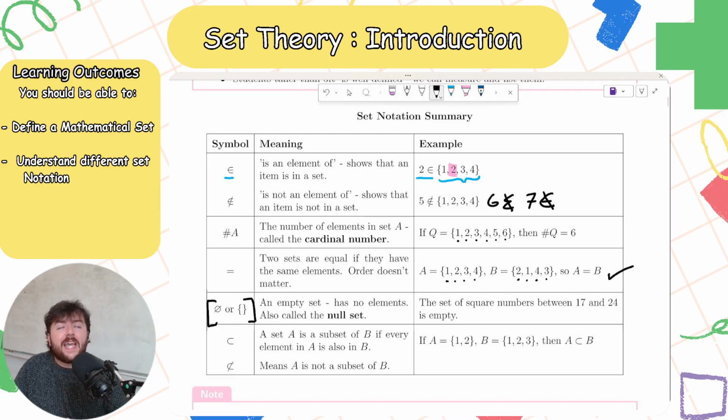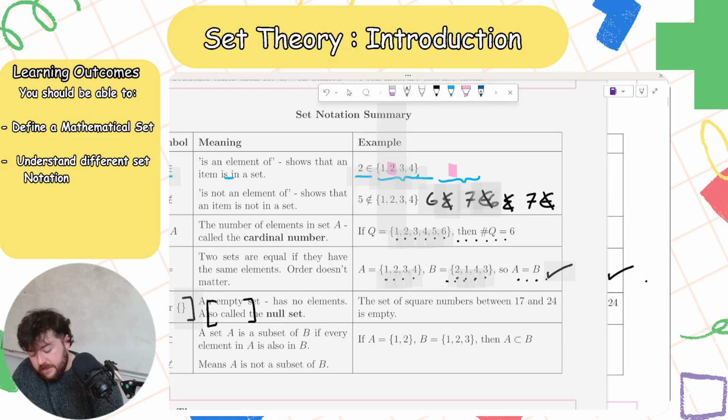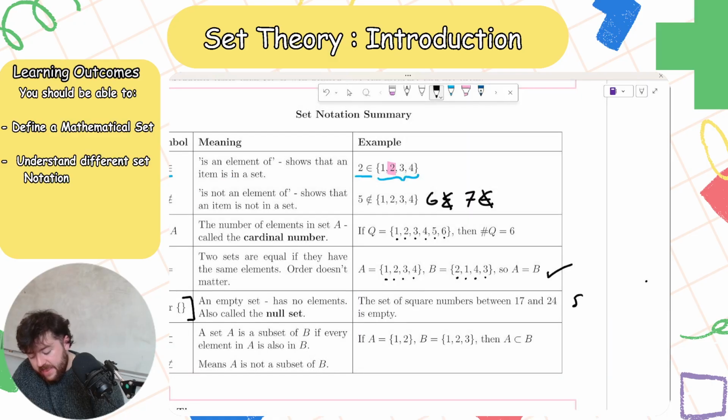So we say that is a null set or an empty set. It has no elements in it. Don't be confused by this. This just means there is a set and it has 0, the actual number 0, right? It doesn't mean there's nothing in it. This means an empty set with the line through it.